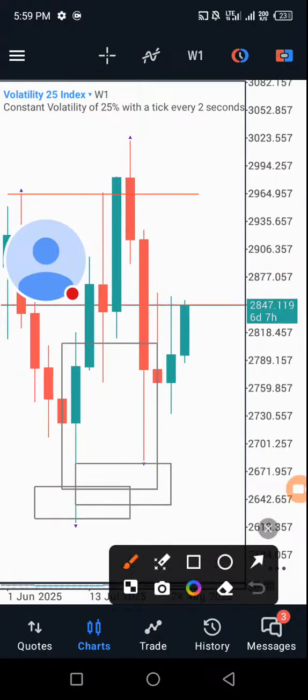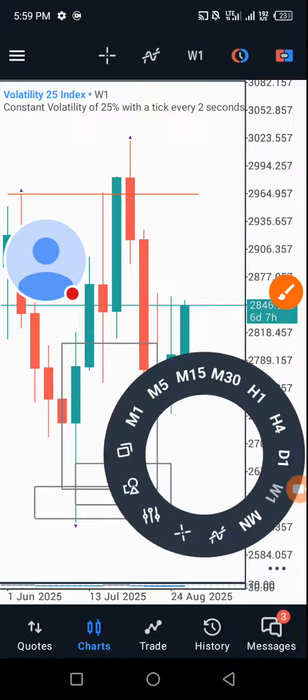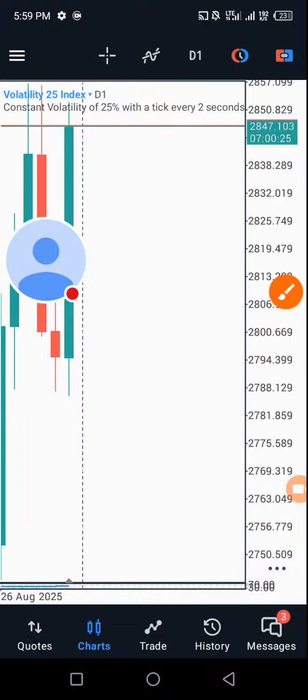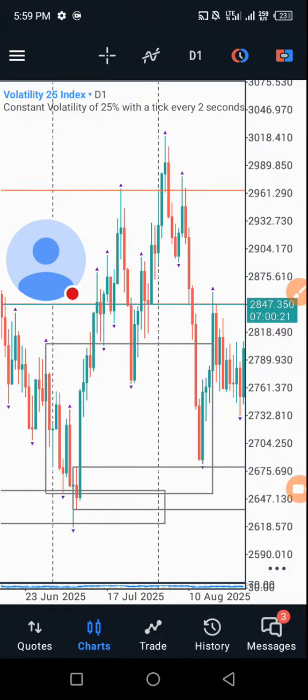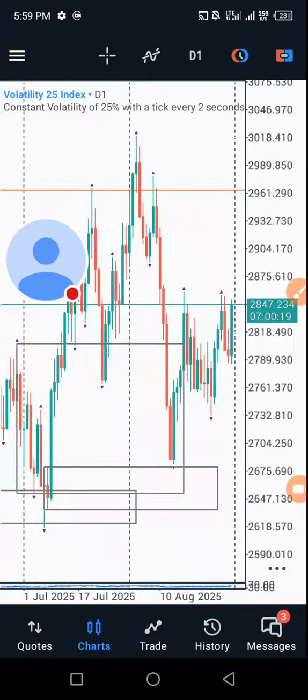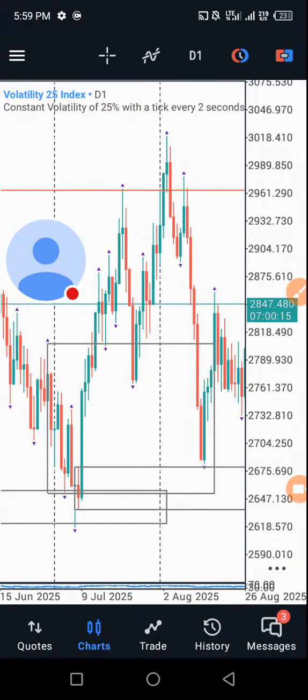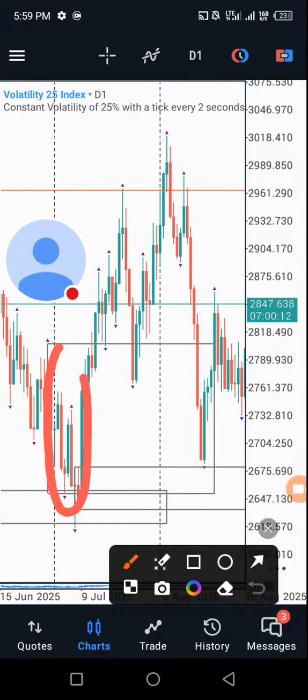Okay, and remember we talked about order flow. So if we go back to the daily time frame now, we can consider this to be our order flow, right?